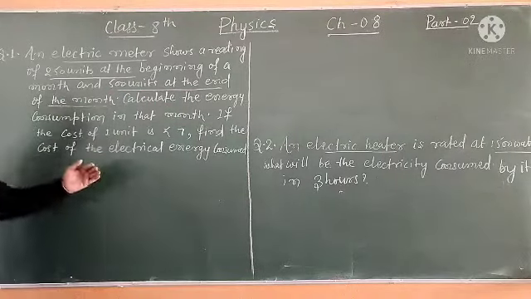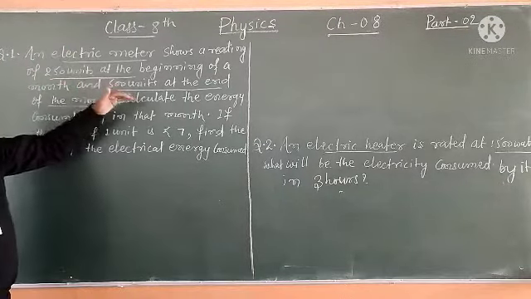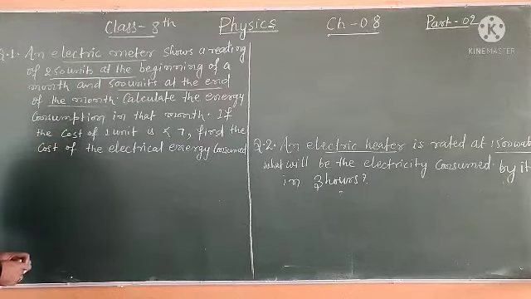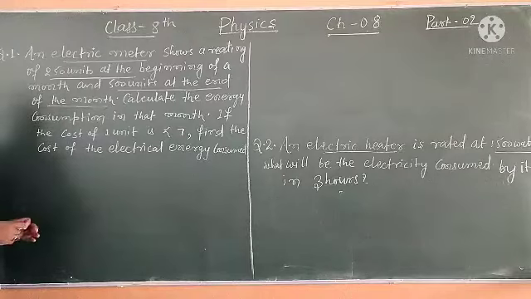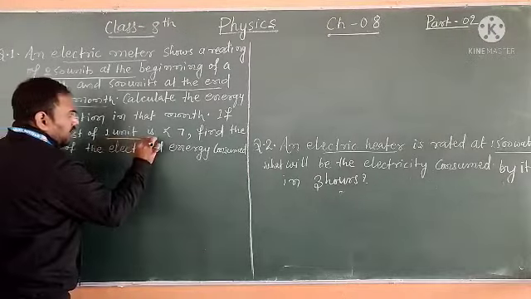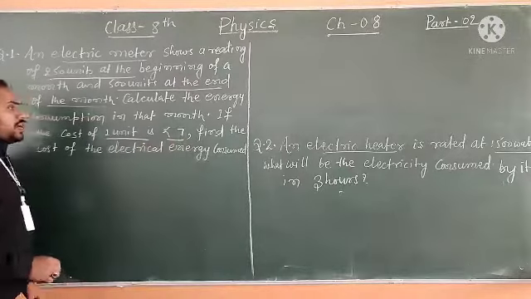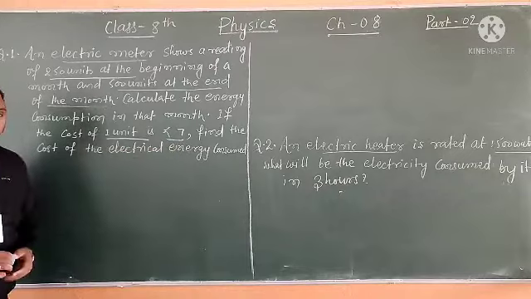Means in the same month, the reading of the electric meter is 250 in the beginning and at the end of the month it is 500 units. Calculate the energy consumption in that month if the cost of one unit is 7 rupees. Find the cost of electrical energy consumed.